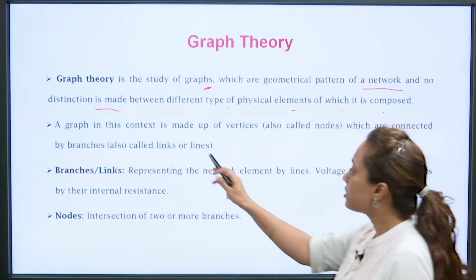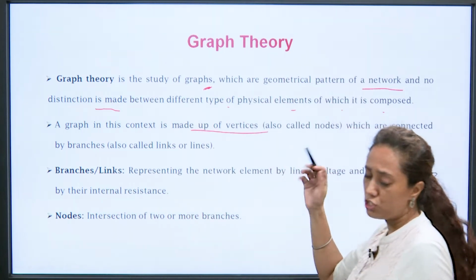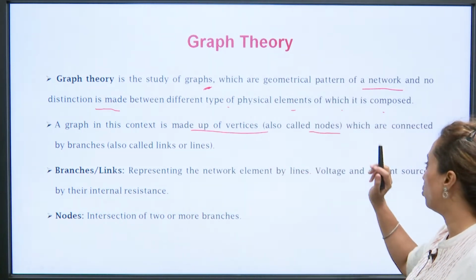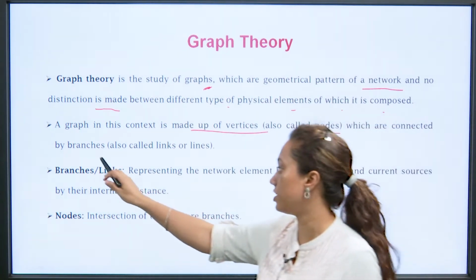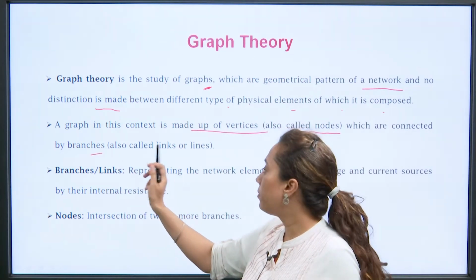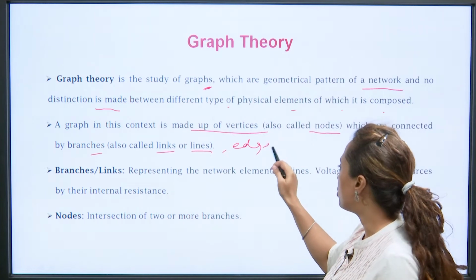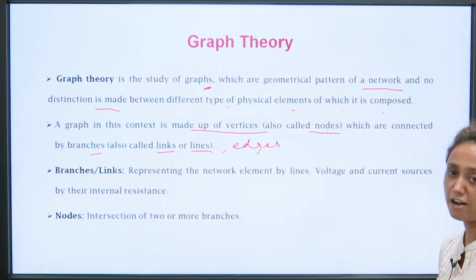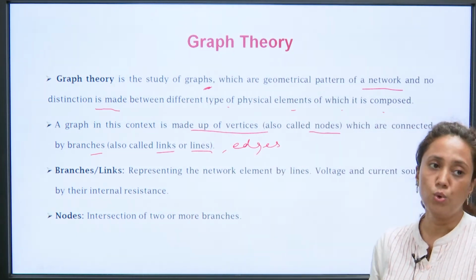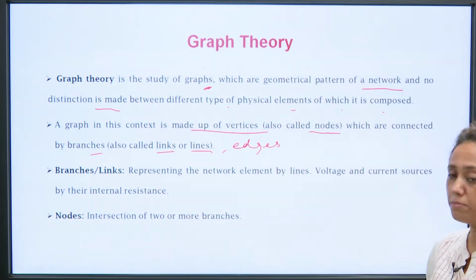The graph in this context is made up of vertices, also called nodes, which are connected by branches. Branches could be called links, lines, and somewhere edges also. So a graph is composed of nodes and links or branches.